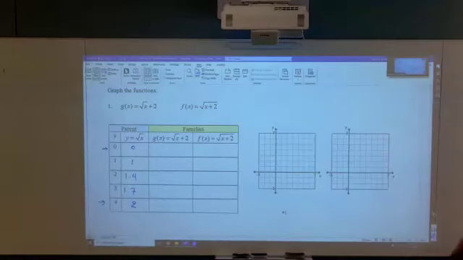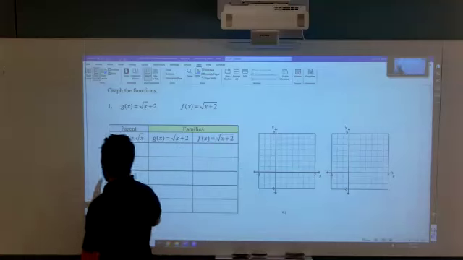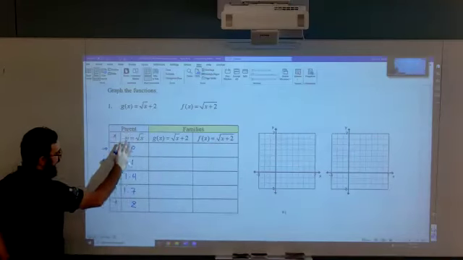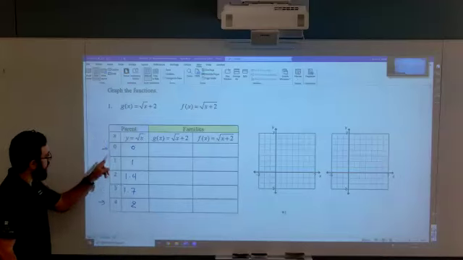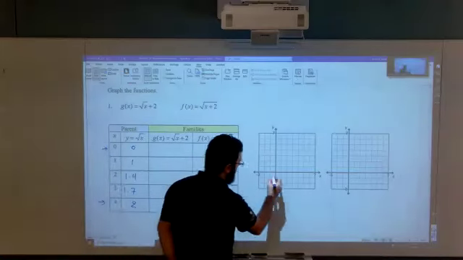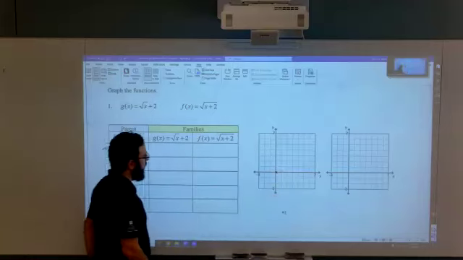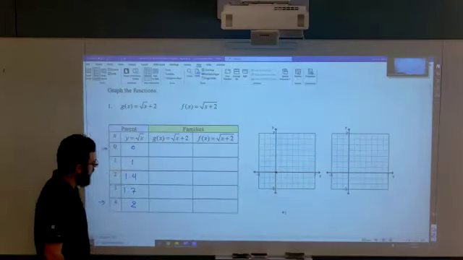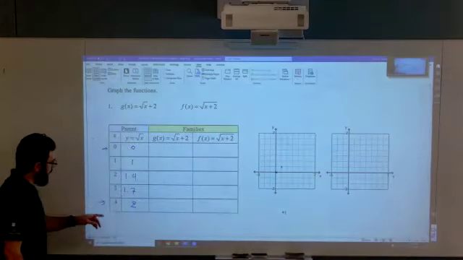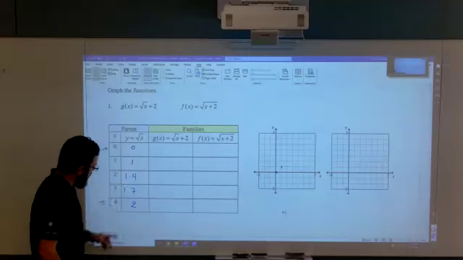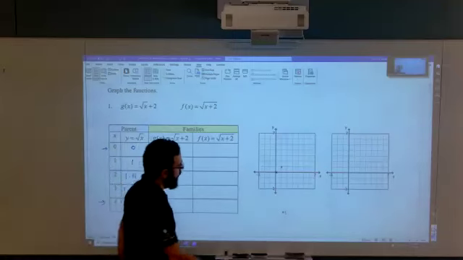You can get the value. So these points, x, y, when I graph these points, is going to be the graph of the basic function, which is 0, 0. Okay. Next point is 1, 1. The next point is going to be 1.4, then 1.7, and 4, 2.